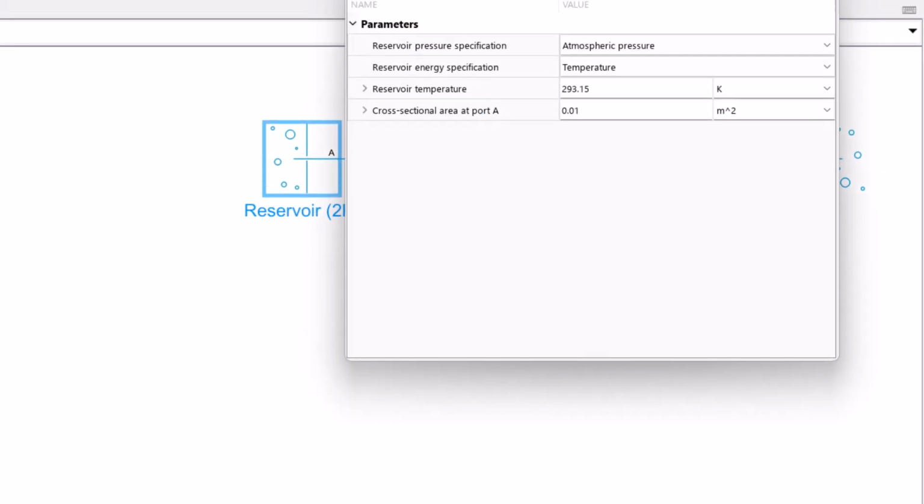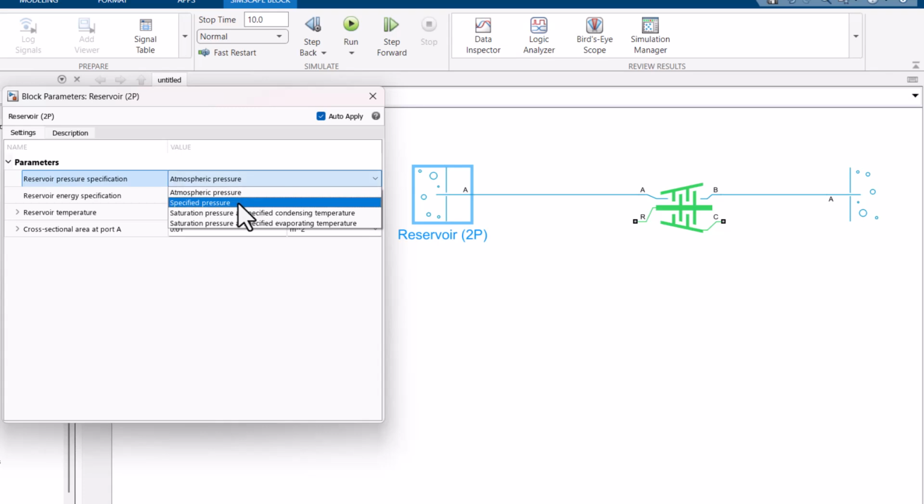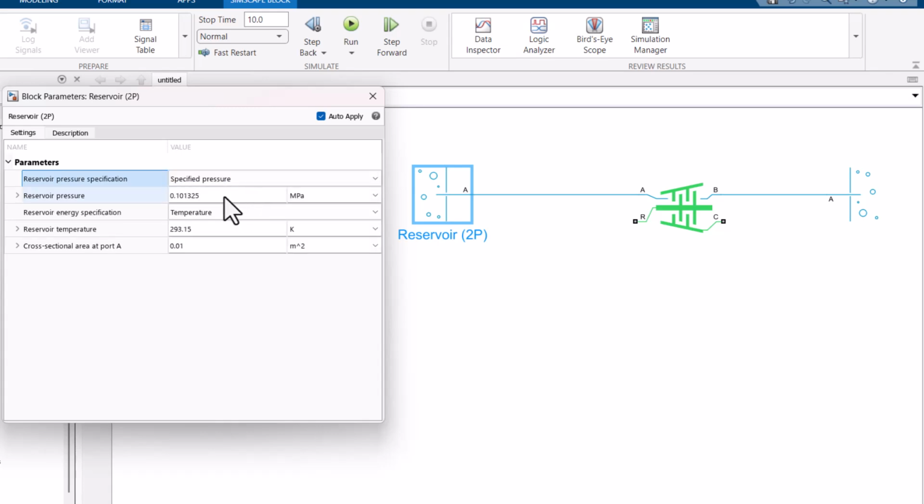I set some common values for turbine inlet and outlet. I set the inlet to 60 bars and the temperature to, let's say, 300 degrees Celsius.